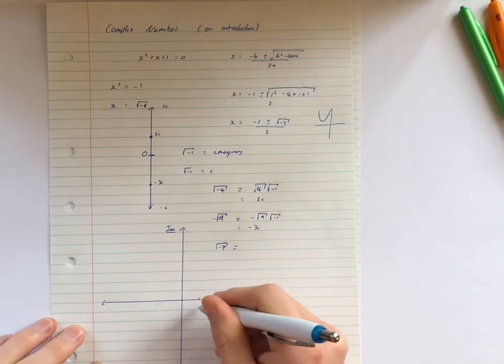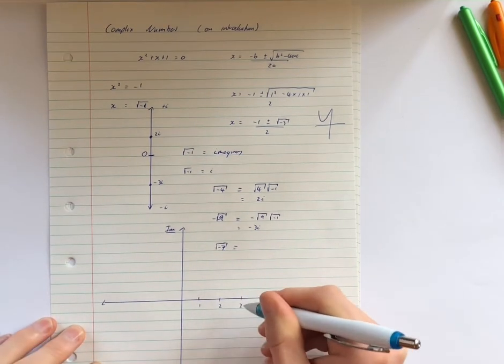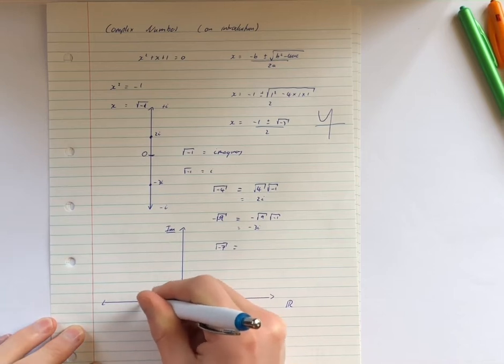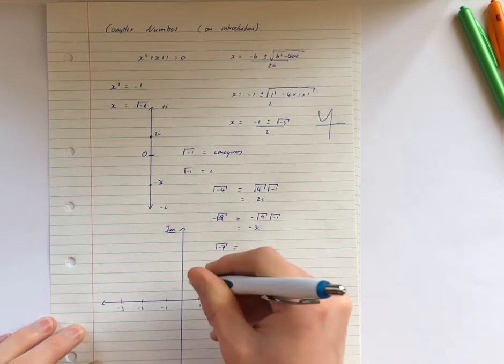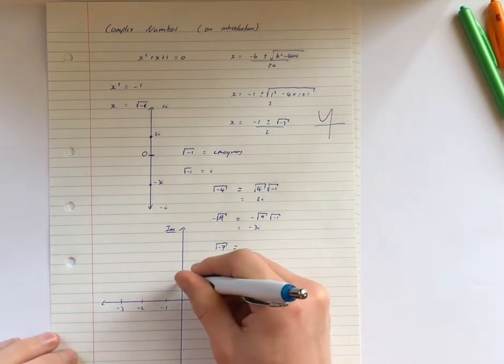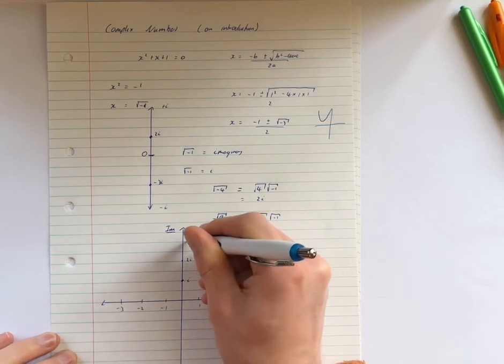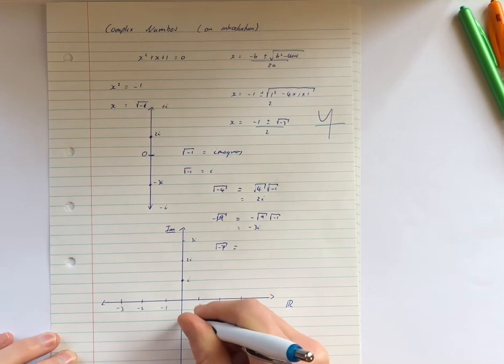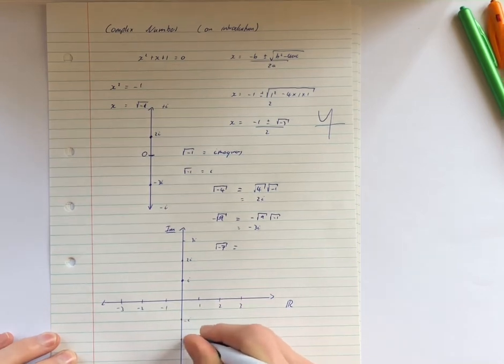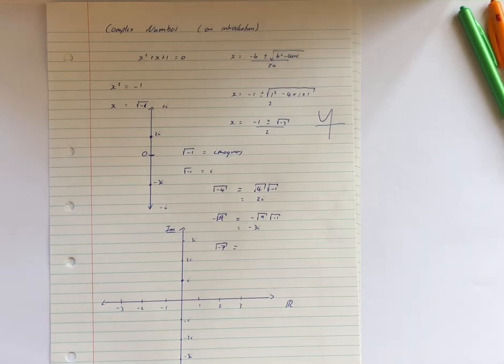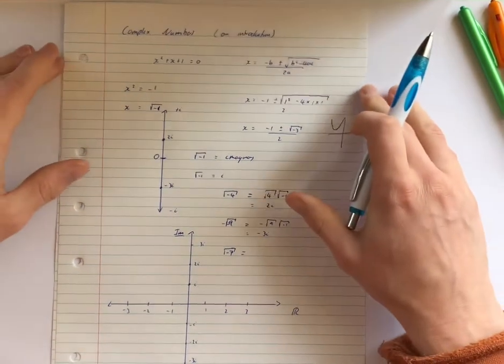Now the real numbers go up as we normally do, 1, 2, 3, or negative 1, negative 2, negative 3. But now we can count going up a number of i's. So i, 2i, 3i, negative i, negative 2i, negative 3i. Right, we now have a two-dimensional set of numbers.